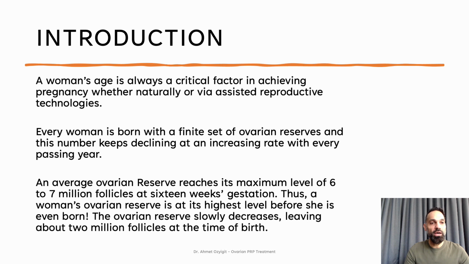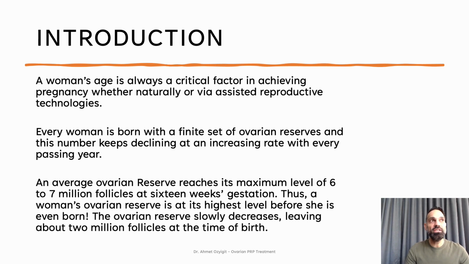We're looking at about 7 million follicles at 4 months of gestation, before a girl is even born. But once the baby is born, this goes down to about 2 million follicles at the time of birth.